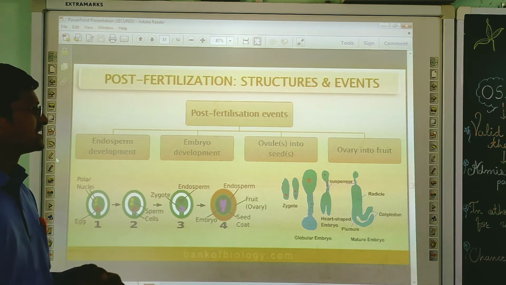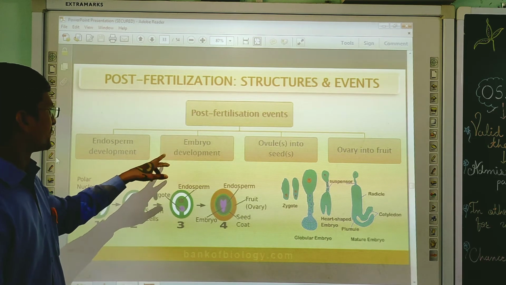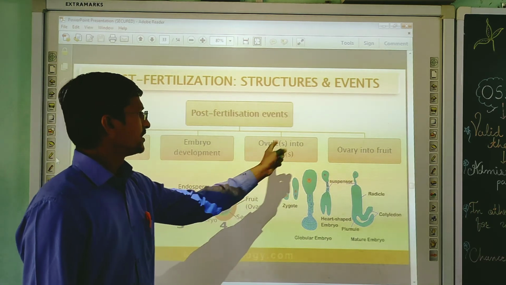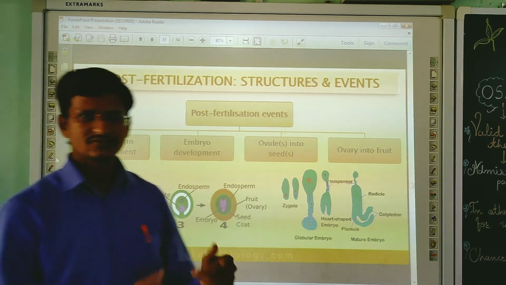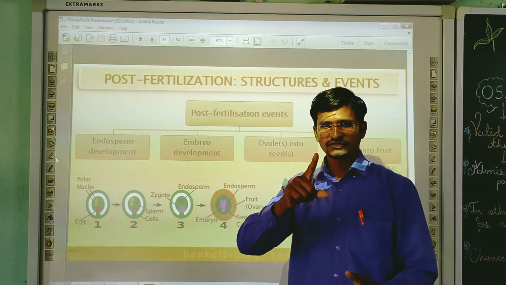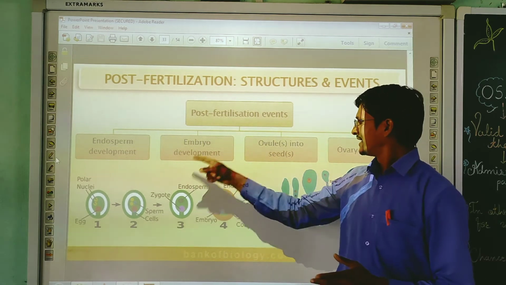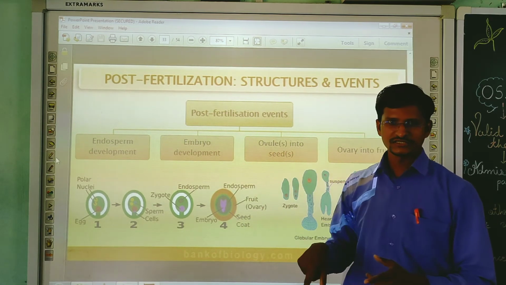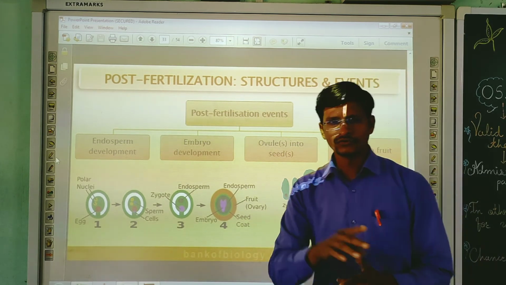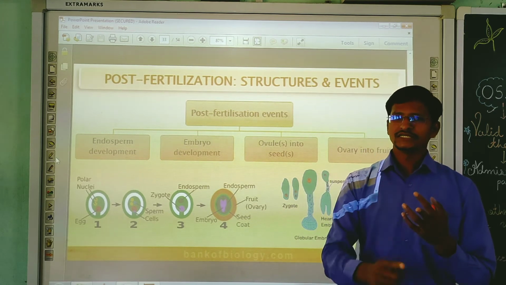Now the post-fertilization events. Endosperm development comes first, after that embryo development; the ovule becomes the seed and the ovary becomes the fruit. This we know, and the germination process we are aware of. First is endosperm development, that is after double fertilization, then embryo development, then the ovule converts into a seed and the ovary converts into a fruit.